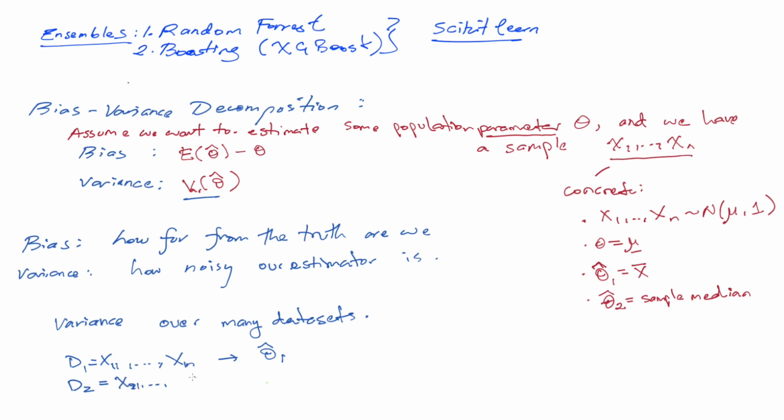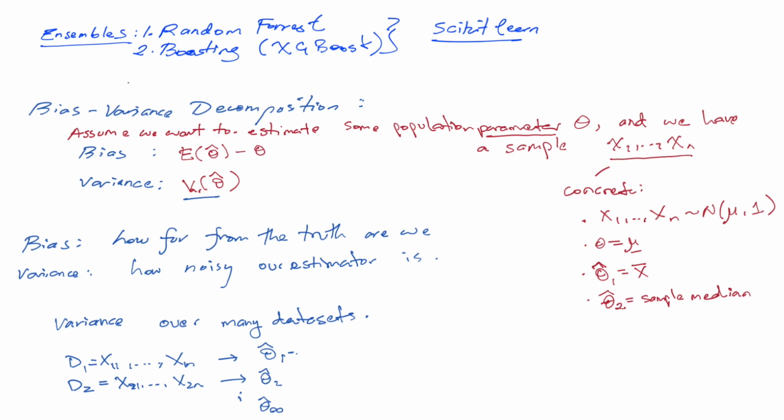And then I have another sample, x21 to x2n, and I build another estimator, theta hat 2. And I just do this forever, so I get an infinite number of estimators. The variance is looking at how variable these estimators are across different data sets. So the expectation and the variance are actually taken over the data sets.